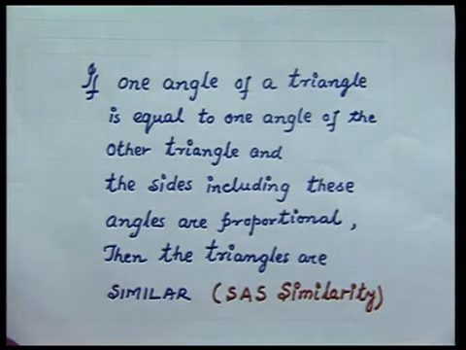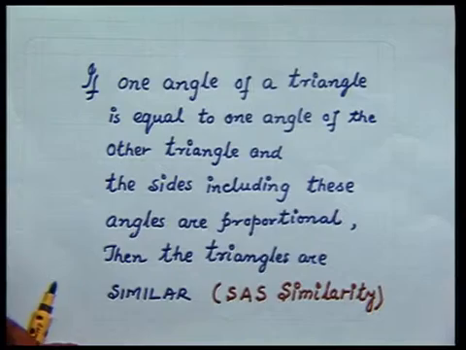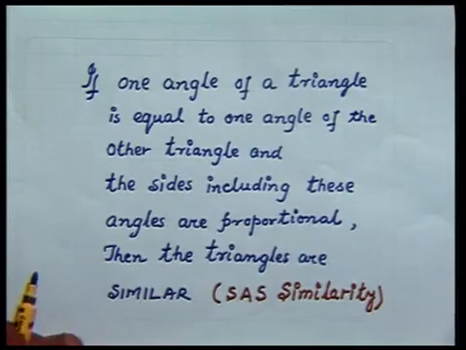We call this similarity theorem as SAS, that is side angle side similarity theorem, and this states if one angle of a triangle is equal to one angle of the other triangle and the sides including these angles are proportional, then the triangles are similar, and we call this similarity as SAS similarity theorem.